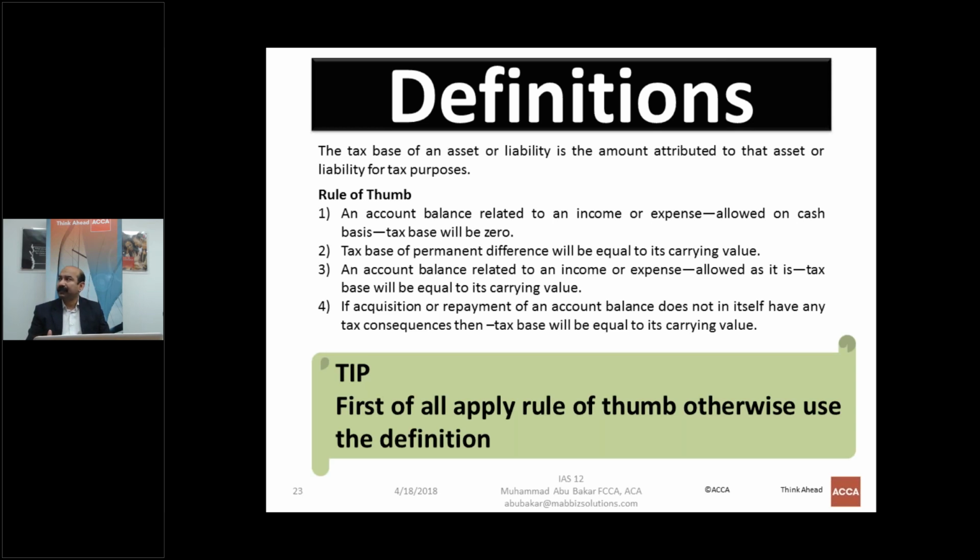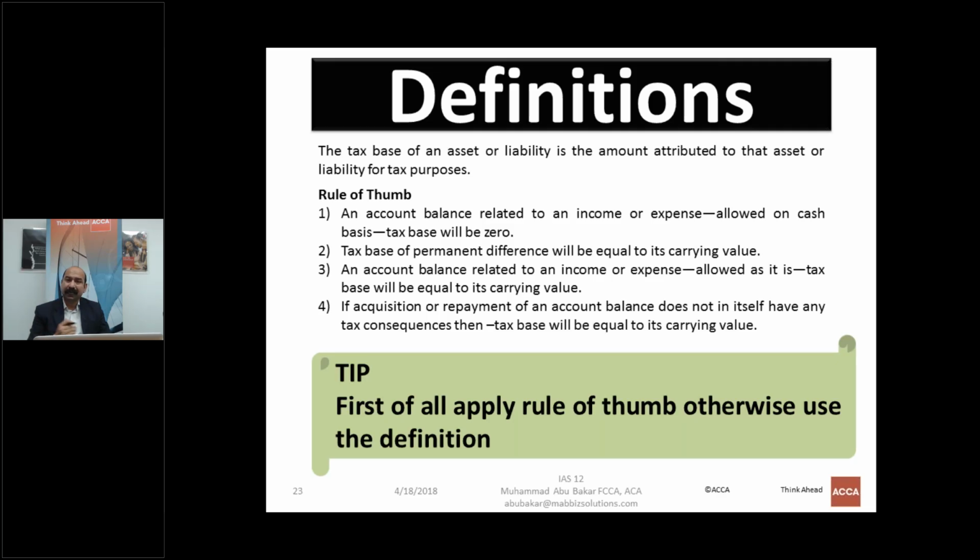So rule number 3 is: if an account balance is related to an income or expense allowed as it is, its tax base will also equal its carrying value. Similarly, items which do not have any tax consequences, the typical example is a loan. You take a bank loan.